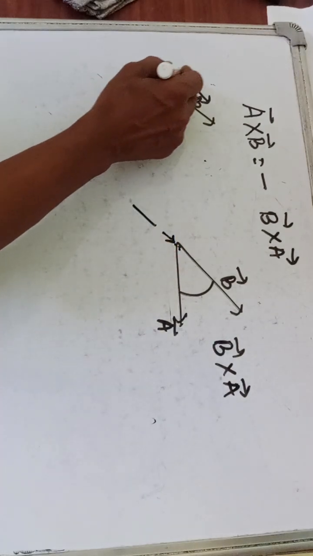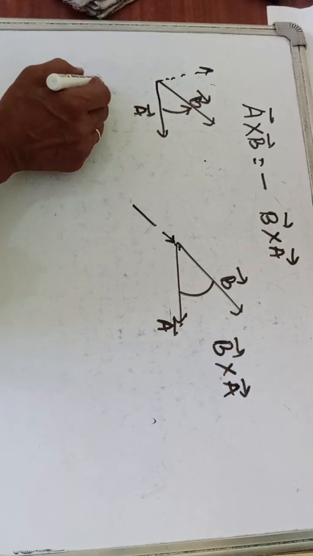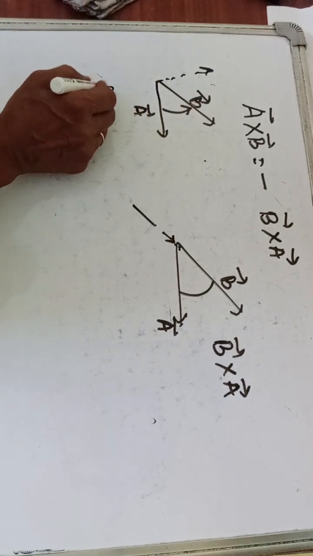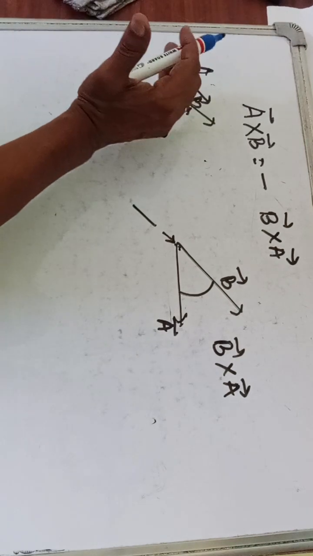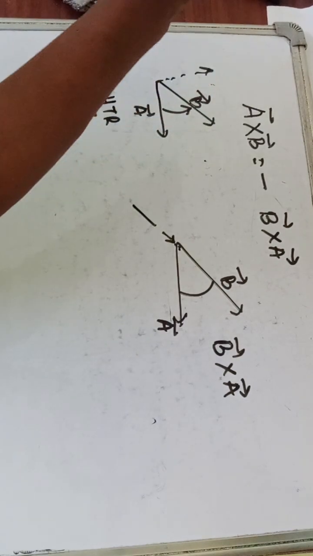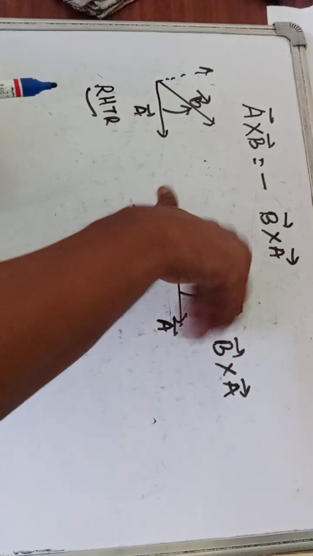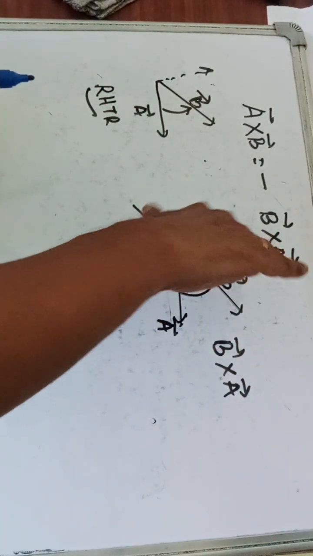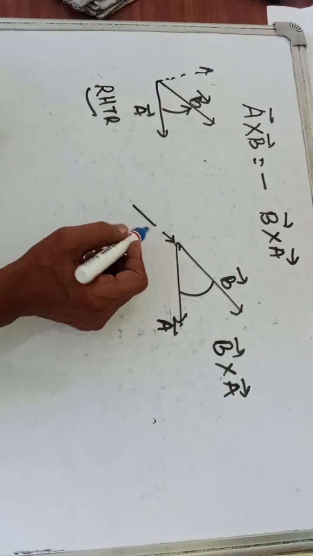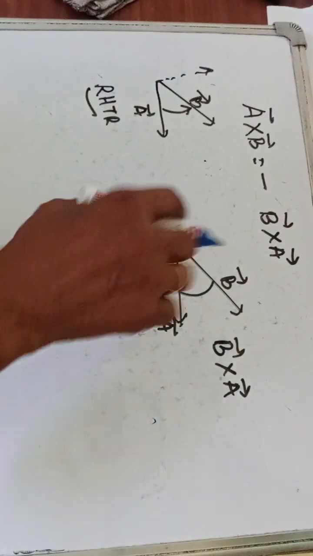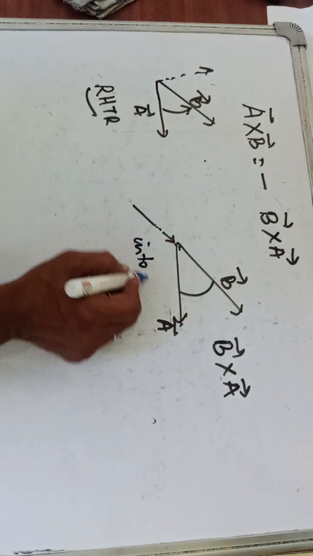Here it will be coming out of the board, because in both cases we have to use the right hand thumb rule. Then A to B, thumb will be pointed out of the board, whereas B towards A, thumb will be in a direction that will enter into the board.